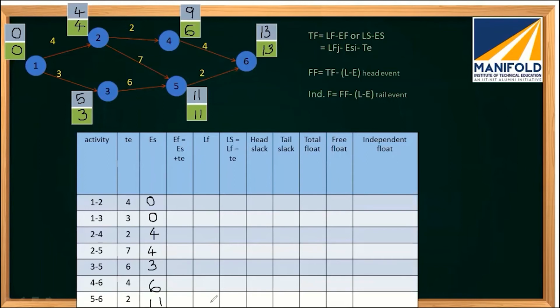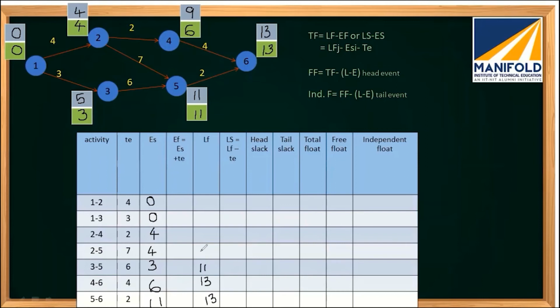Now what is the latest finishing time? We can get it from here. The latest finishing time is the top one in the gray. For 4, 6, it will be 13, because 6 is the ending node, and the latest finishing time is for the ending node. For 3, 5, 5 is the finishing node, so that will be 11.